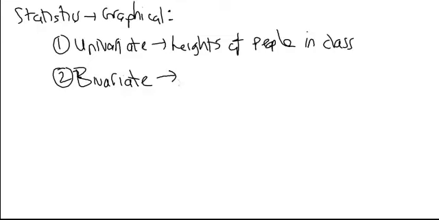Bivariate, on the other hand, is when you have two pieces of information, or a pair, or pairs of.